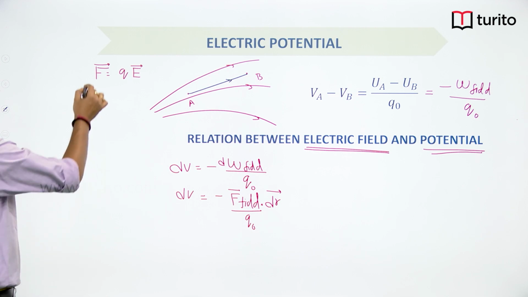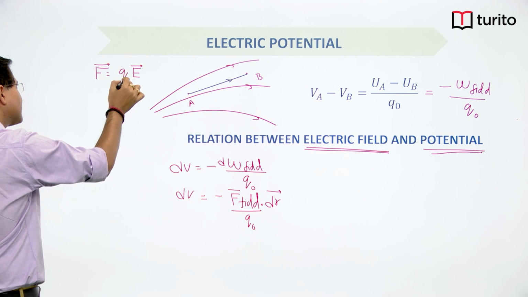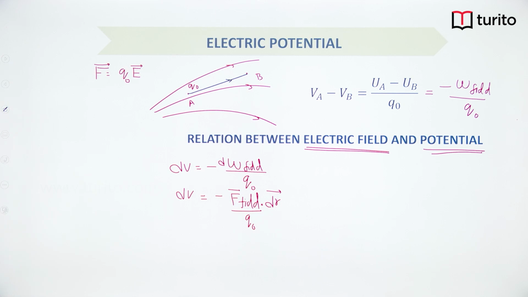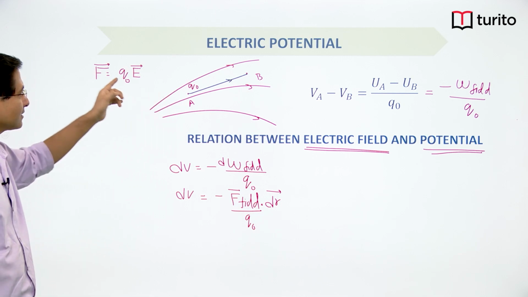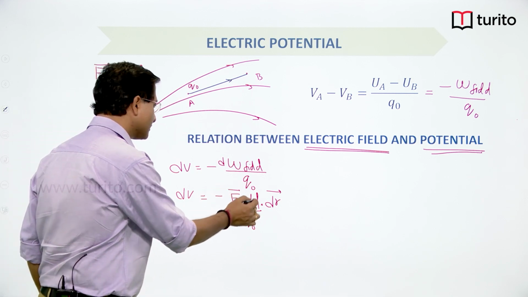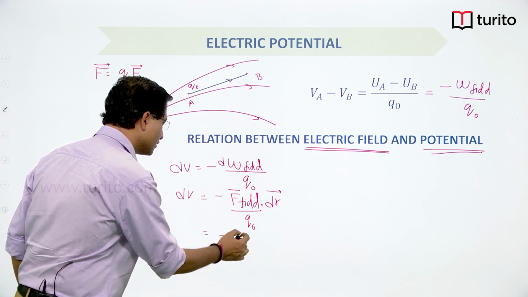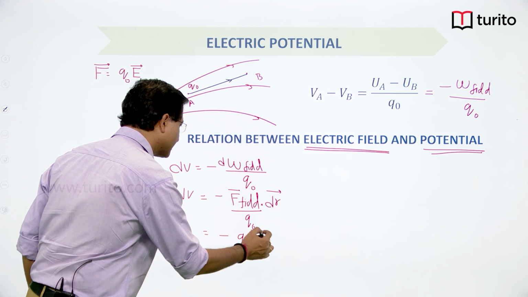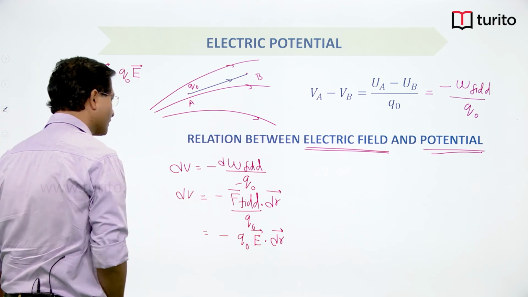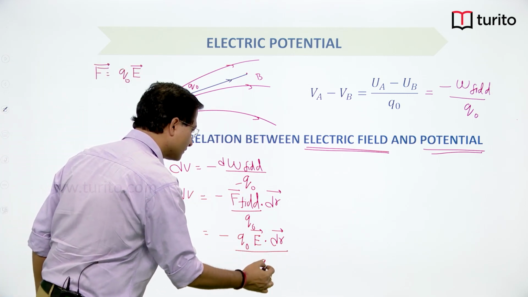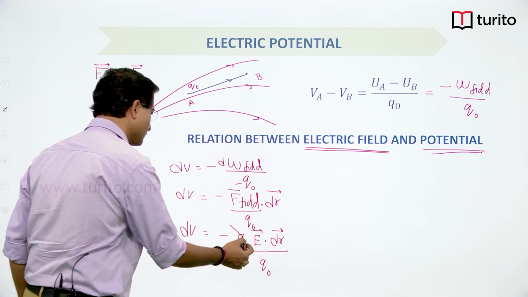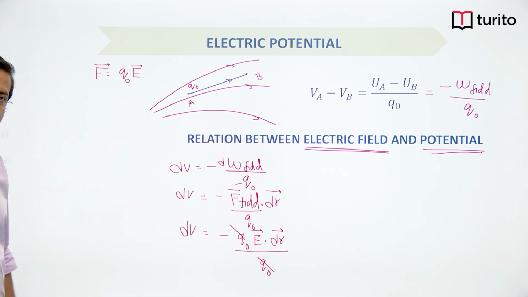So, force by field is nothing but charge, in this case it is a test charge Q naught which we are moving. So, this Q naught, how much force it experiences in the field is field intensity into Q naught. So, this term can be replaced by minus Q naught E vector dot dr vector. I use force here, right, divide by Q naught. Q naught will get cancelled out.